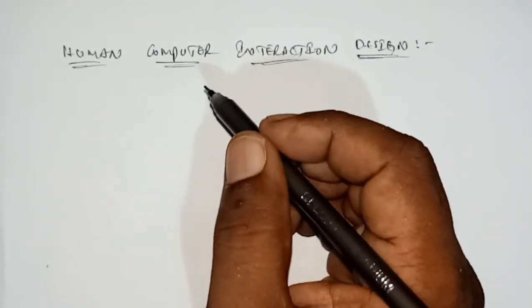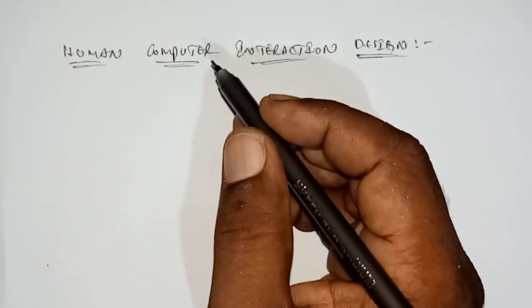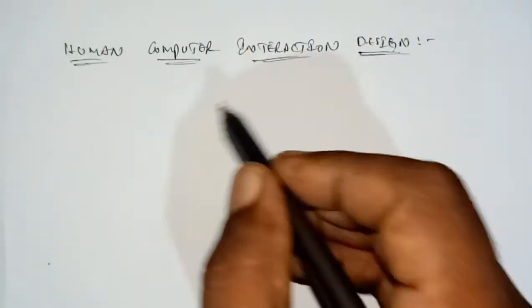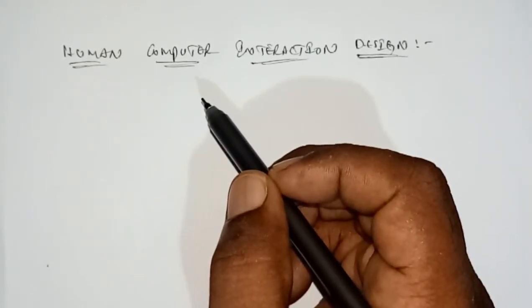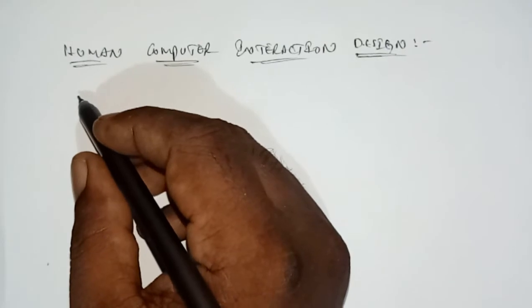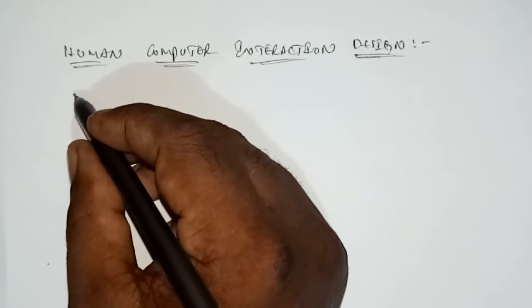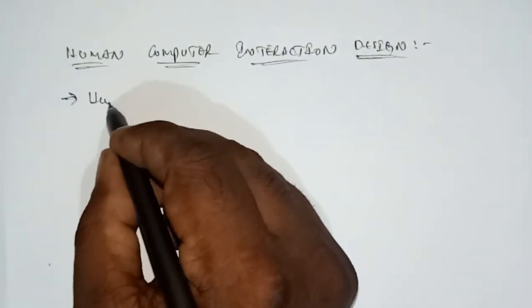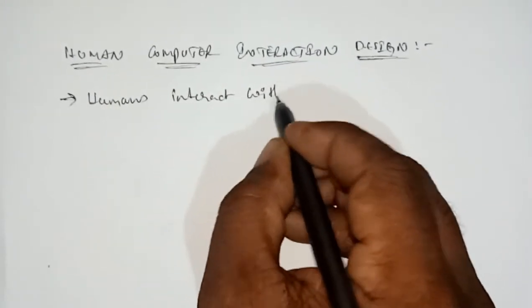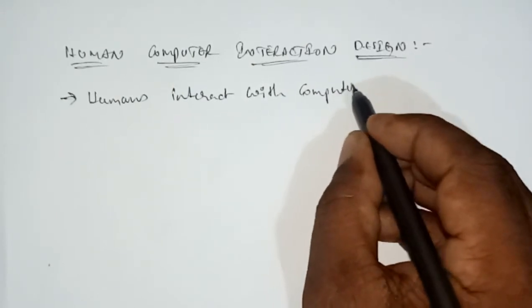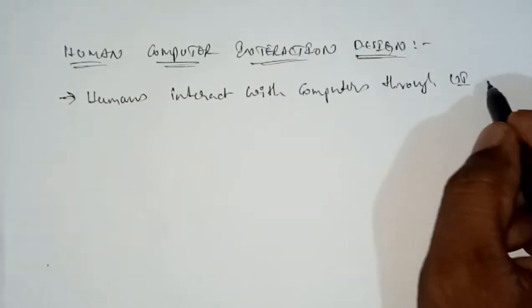It can include software, hardware, and hardware devices like mouse, keyboard, and some peripheral devices. In short form we can call it UI.